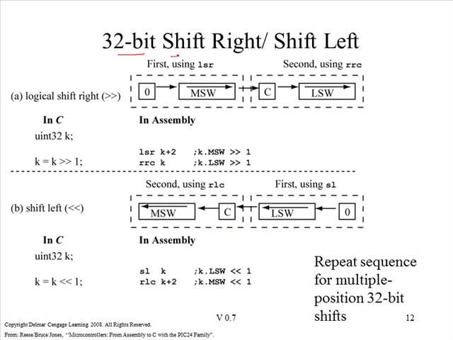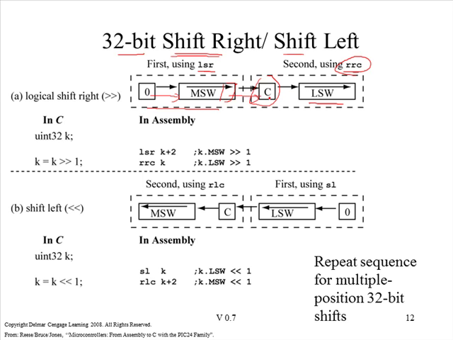Let's now examine 32-bit shift right and shift left. We'll first take a look at the shift right operation. We'll want to shift the most significant word first using a logical shift right instruction. This is going to shift a 0 into the most significant bit of the most significant word, and the least significant bit of this most significant word will be shifted out and stored in the carry flag. This is important as we then need to shift the least significant word right using the rotate right with carry flag.